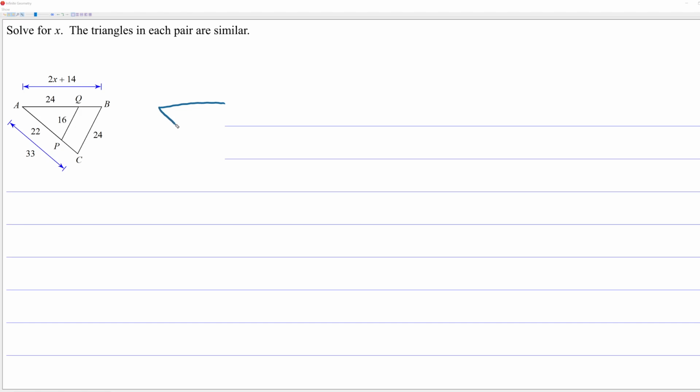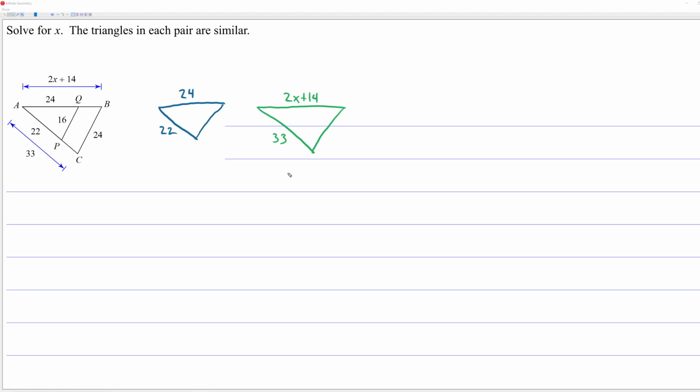So I'll draw the small triangle and label that. It's 22, 24. My art skills are not very good, but it'll do. And we have the larger triangle, and it's labeled with 2x plus 14 and 33.